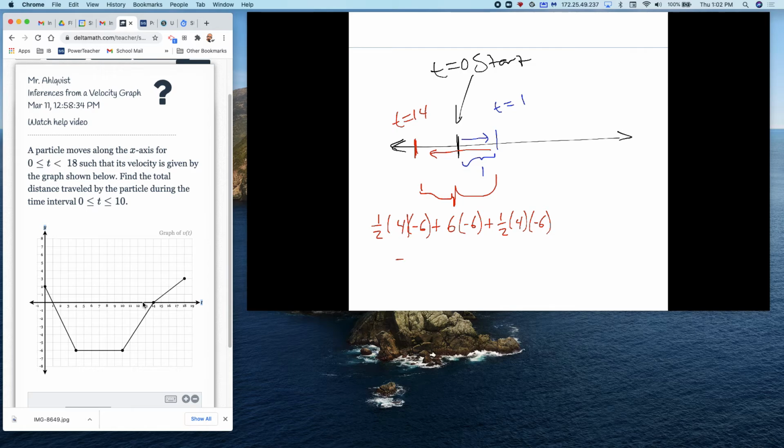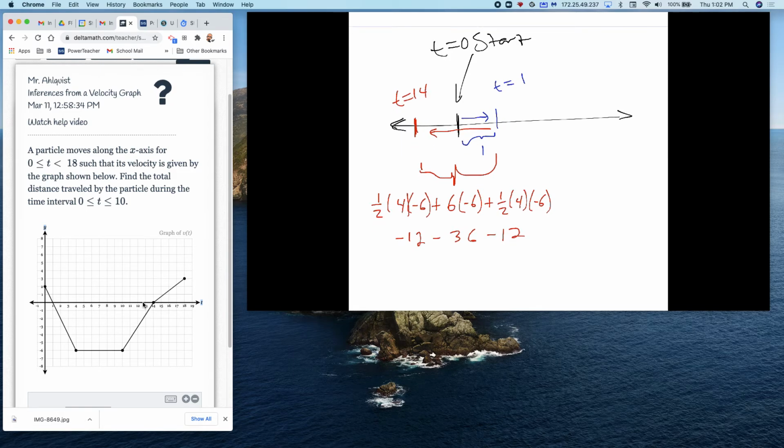So you got -12, -36, -12 more. So together, between 1 and 14, we went to the left 60.